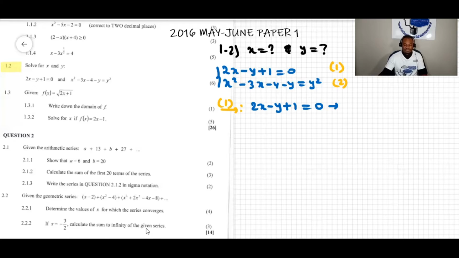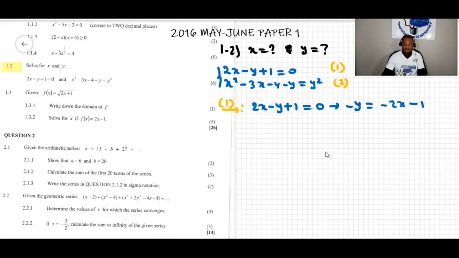So negative y will be equal to negative 2x minus 1. If I move 2x over, and the 1 also over, and then multiply the whole equation by the negative, this will make y equal to positive 2x plus 1.